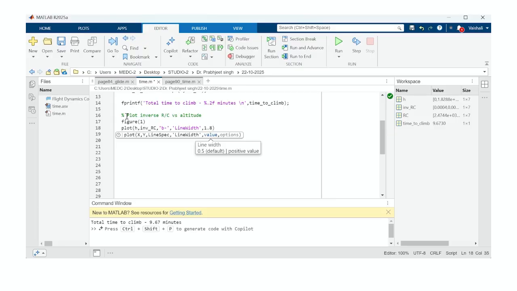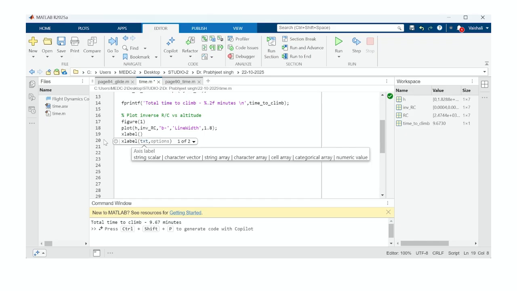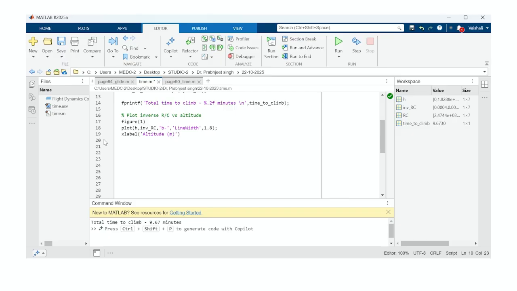Okay, and we have xlabel, altitude in meters. So I'm doing here step by step so that you are becoming more familiar with this simulation software, this MATLAB.